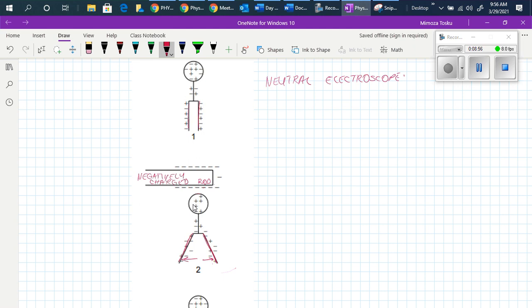So you see now, because this is interesting, you start with a negatively charged rod. The knob becomes positively charged because negative is attracting positive, pushing away the negatives. So the leaves are becoming negatively charged.